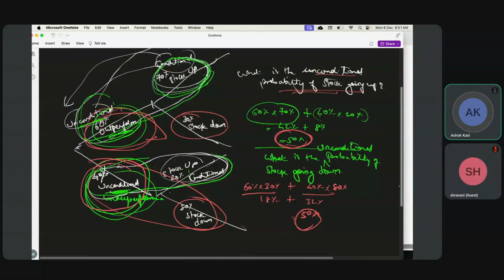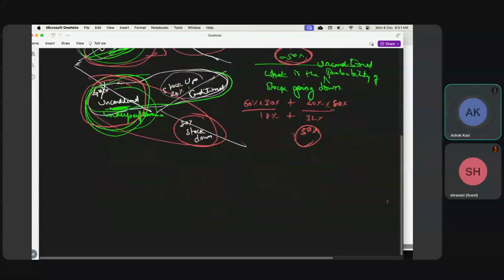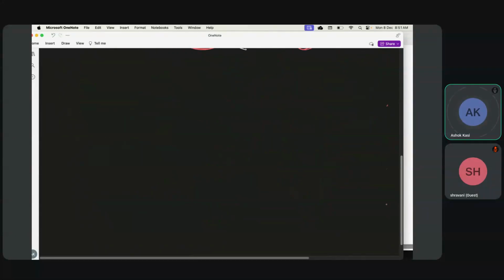So now this is unconditional probability. Now coming to Bayes' theorem.